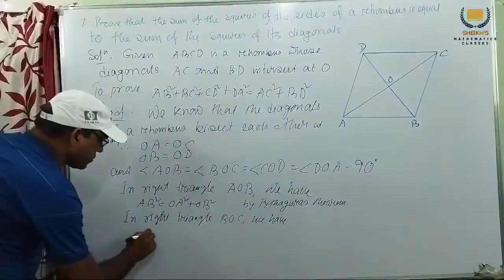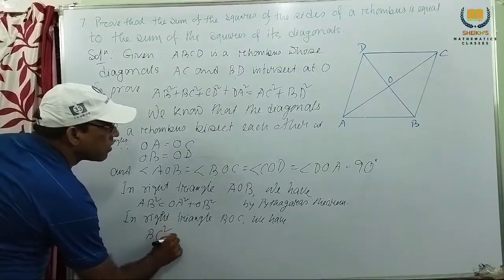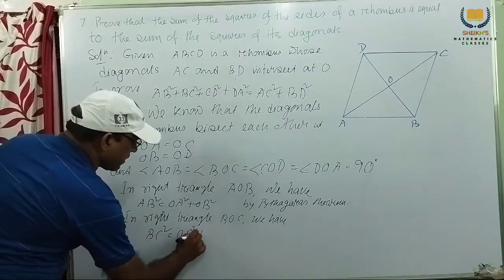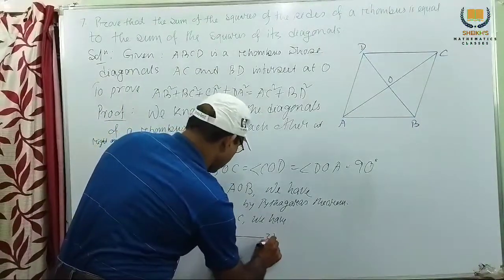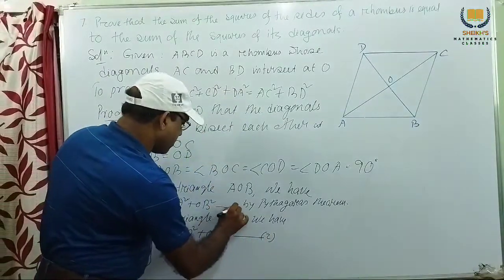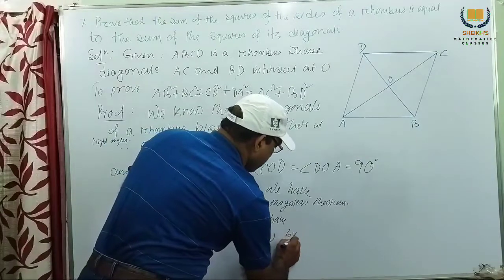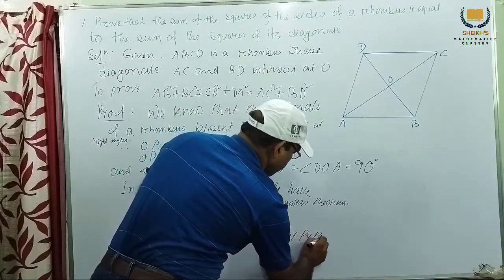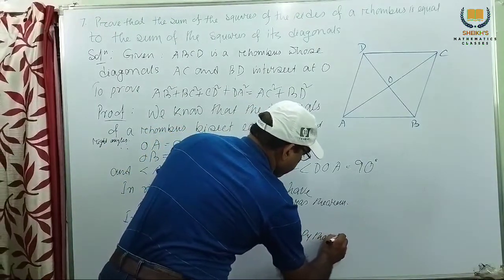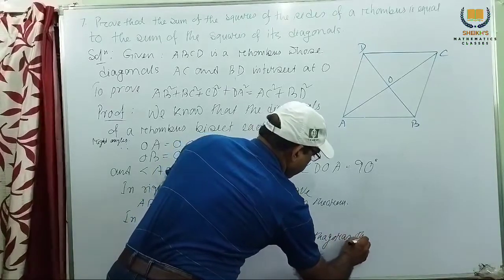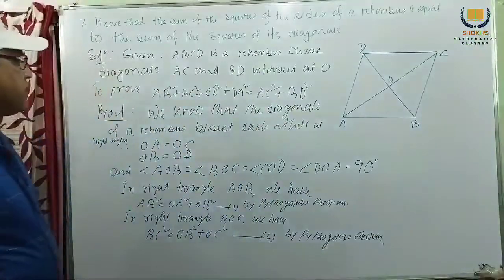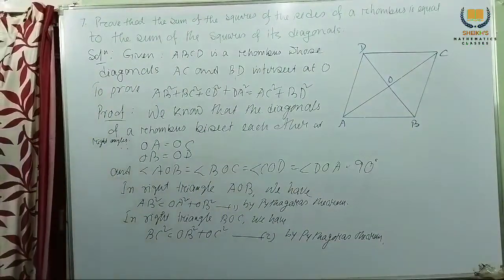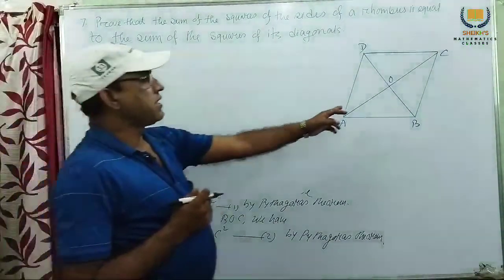So BC square equal to OB square plus OC square. This is number 2, by Pythagoras theorem.